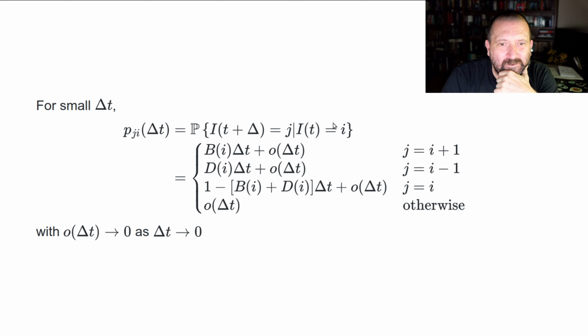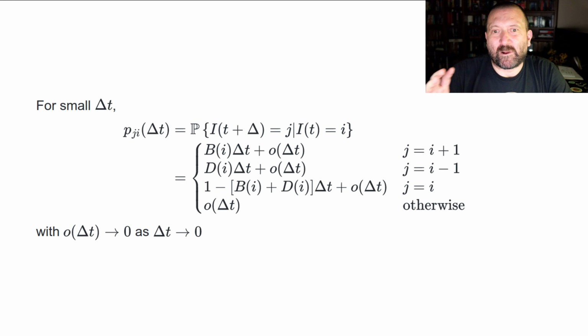So j is I plus 1, I've increased I by 1, and this has probability b_i delta t plus a little o of delta t.